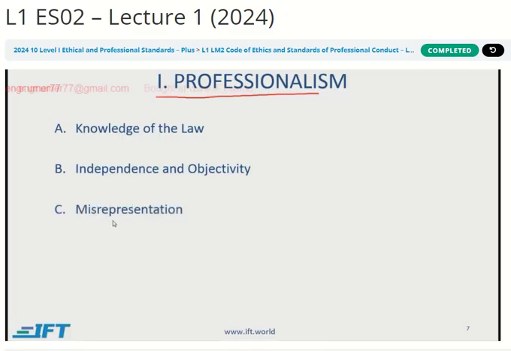Next comes misrepresentation. You must not knowingly make any misrepresentations relating to investment analysis, recommendations, actions, or other professional activities.